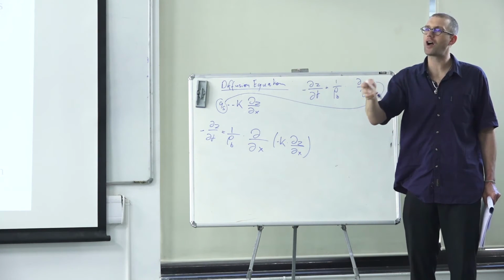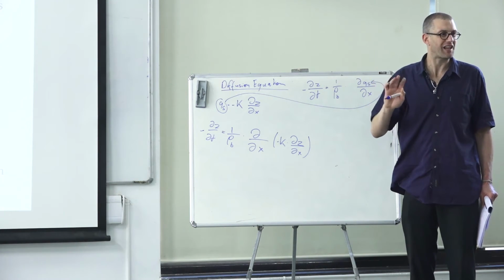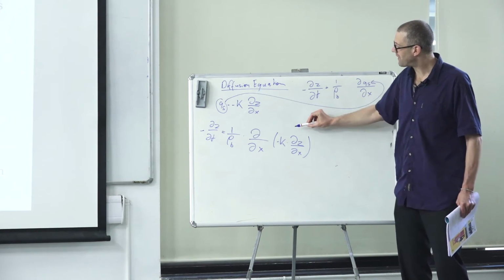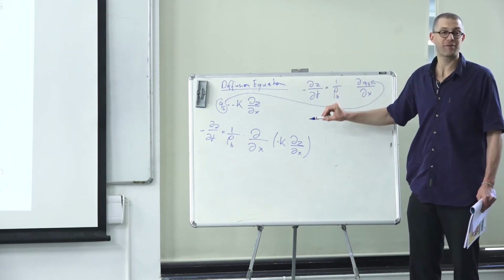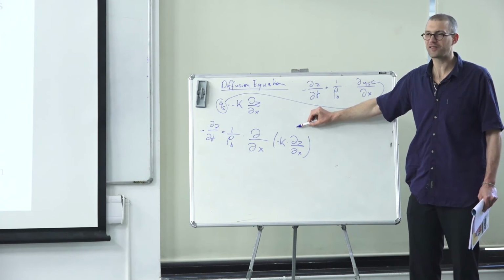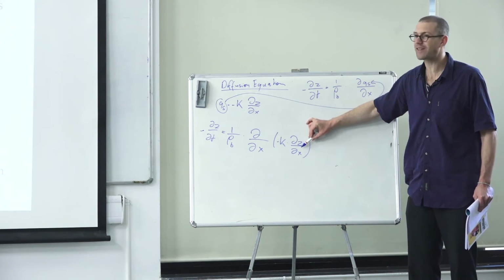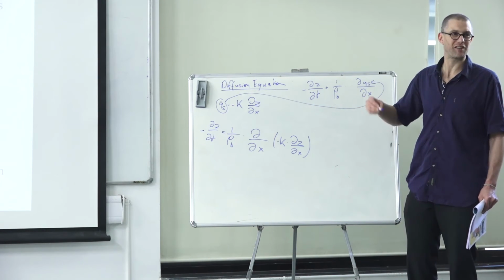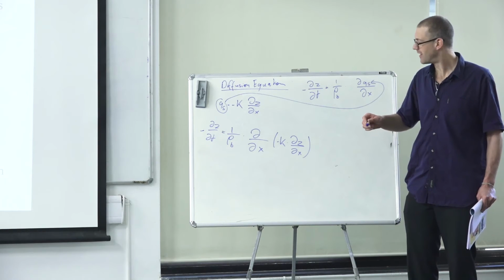If we look at longer hill slopes, it certainly is not constant anymore. But just for the sake of the argument and to make the math a little easier, just say K is constant. If K depends on x, this equation becomes more complicated. We can still do it, but it becomes more complicated.